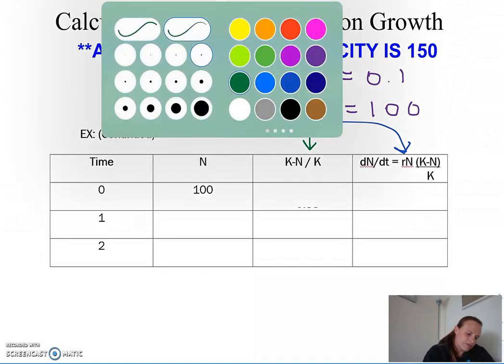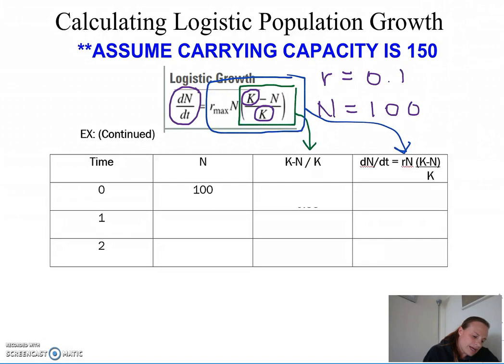So let's do that first. So my carrying capacity, I'm going to assume, I'm just making this number up. 150 is not the actual number for every single organism's carrying capacity. But if I did 150 minus 100 divided by 150, what I end up with is 0.33.